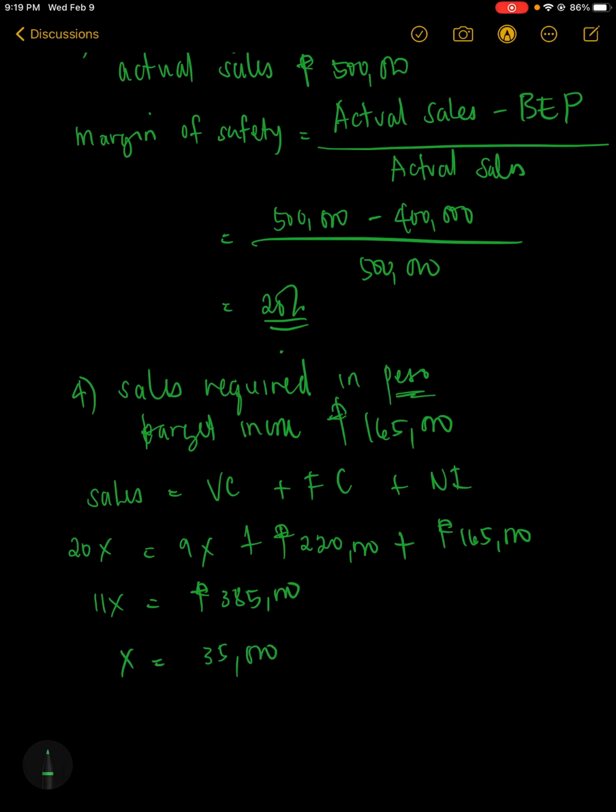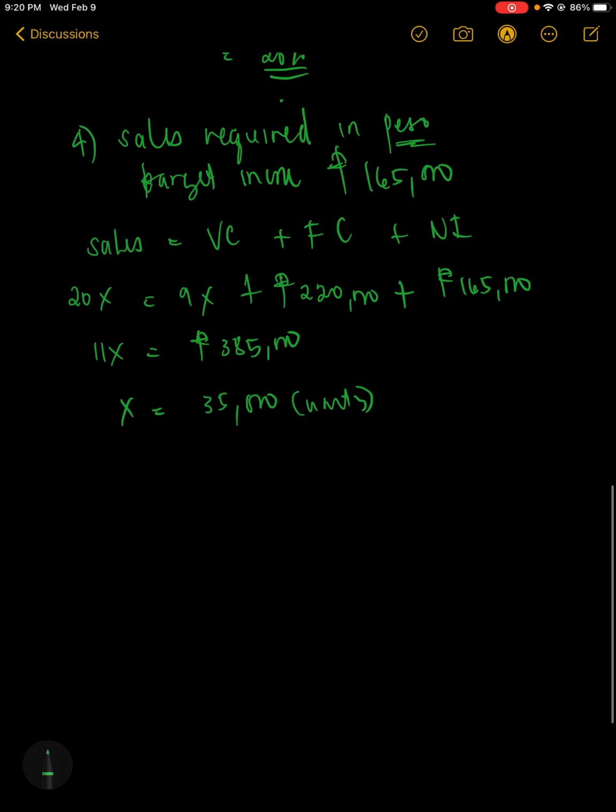But 35,000 is in terms of units, because we looked for quantity in our equation. But the problem requires sales in terms of peso. So, what are you going to do? The 35,000 units will be multiplied by the selling price of 20 pesos, which will give us 700,000 pesos.